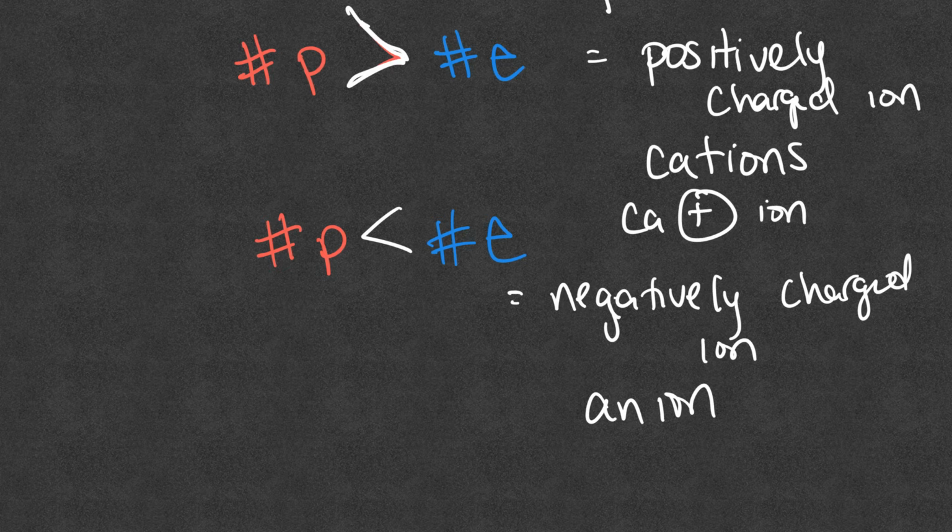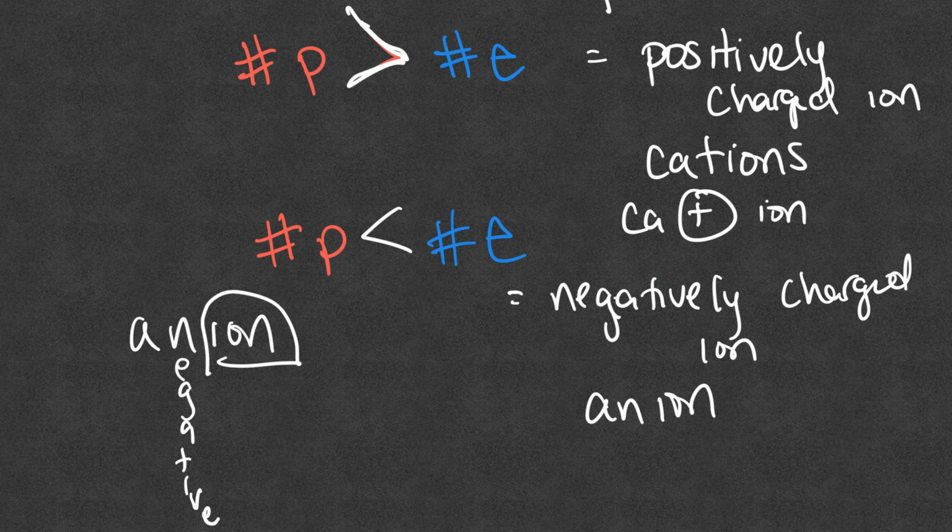The way I remember this is that anion is a negative ion, an anion. I guess that kind of works out.